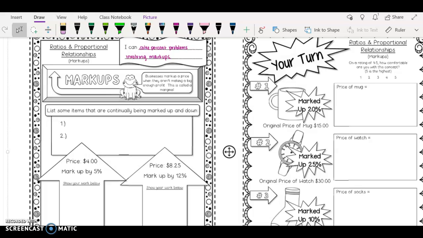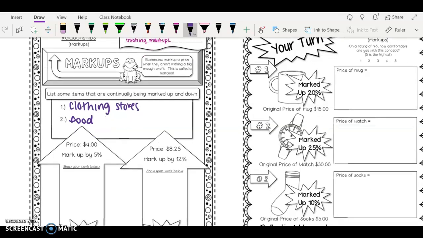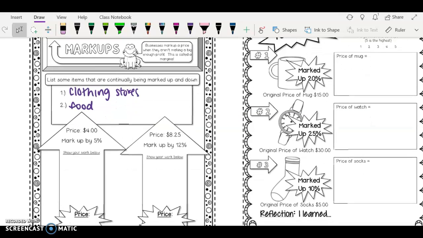So for me, when I think of markups and markdowns, I think of clothing stores, and I think of electronics, I think of food. Everything can be marked up or marked down. Anything that is sold can be marked up or marked down. And so there's no wrong answers there.